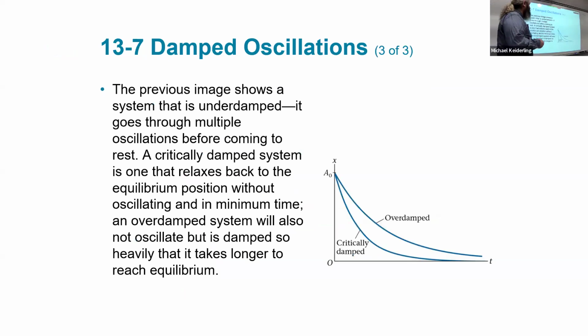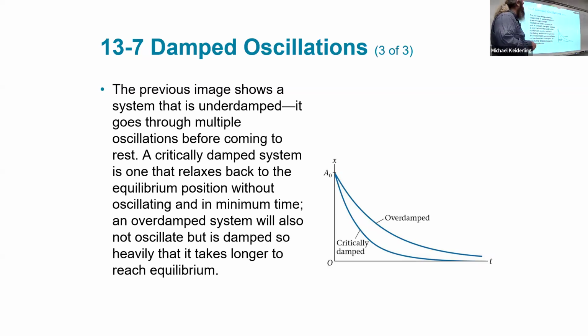You can have a situation where the damping is strong enough that it never actually oscillates. That's called overdamped. So the dominant motion is actually the decay from the damping. The previous image shows a system that was underdamped, going through multiple oscillations before coming to rest. A critically damped system is one that relaxes back to equilibrium position without oscillating, and in minimum time, it's perfectly balanced between oscillation and damping.